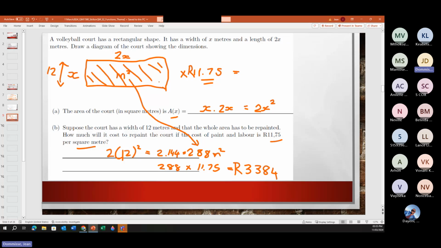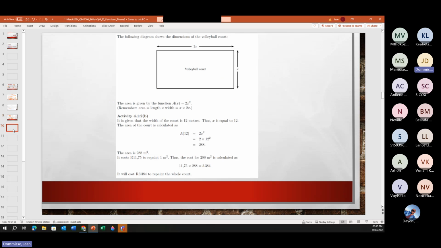So the total will be 288 times 11.75. It's a bit different because they first ask you to work out the area, then the total cost.